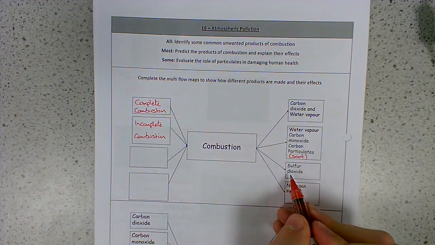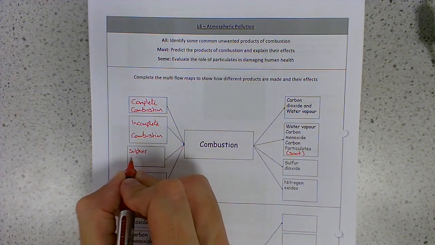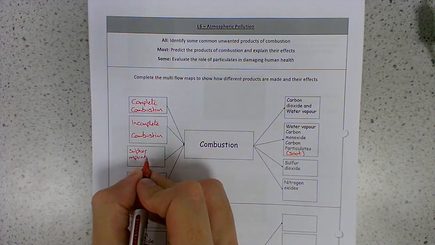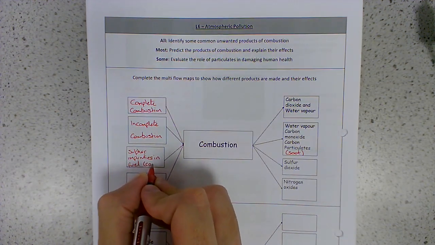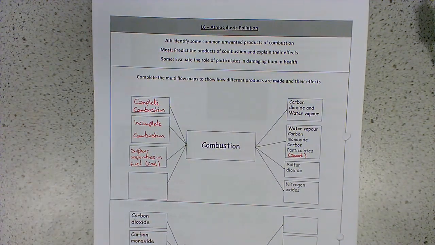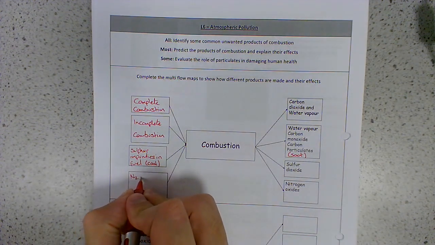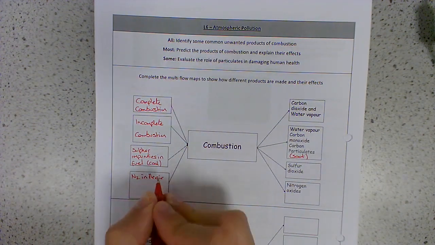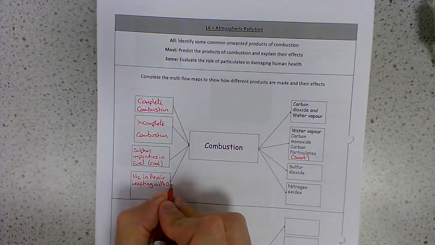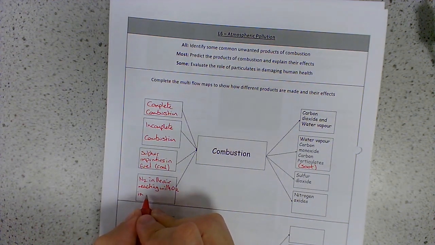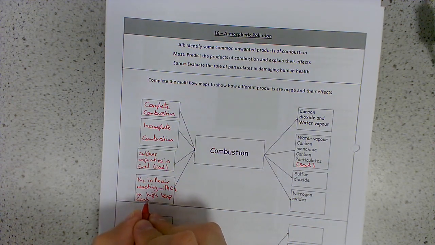The production of sulfur dioxide is from sulfur impurities in fuel, usually coal, and our nitrogen oxides are from nitrogen in the air reacting with oxygen in high temperature combustion engines.